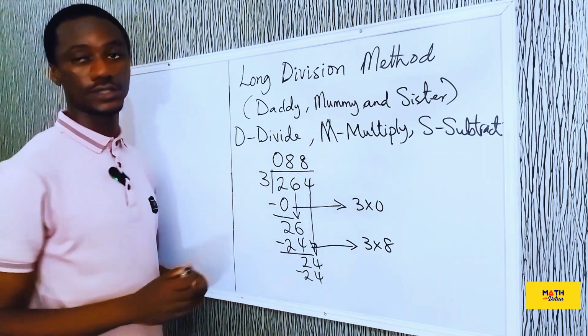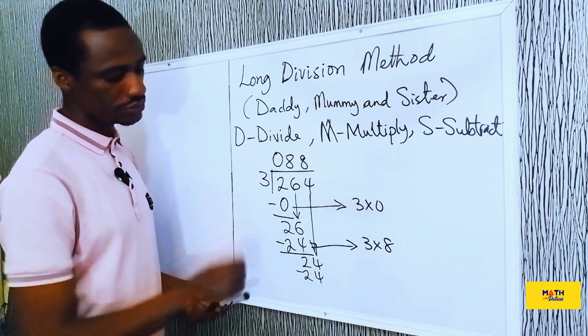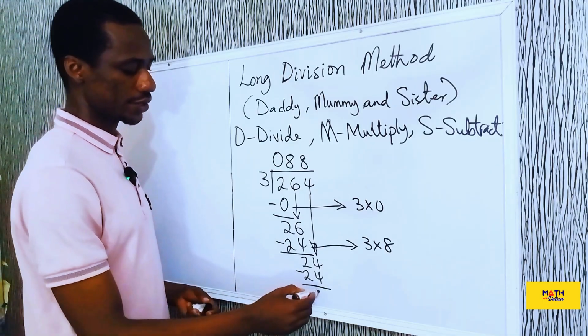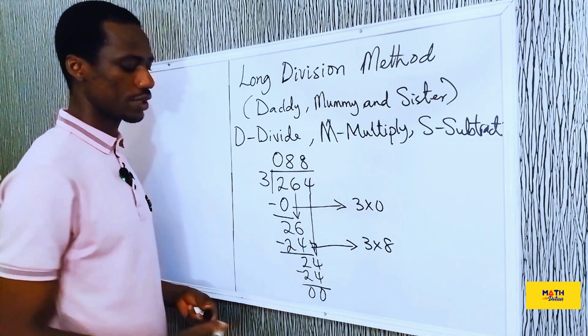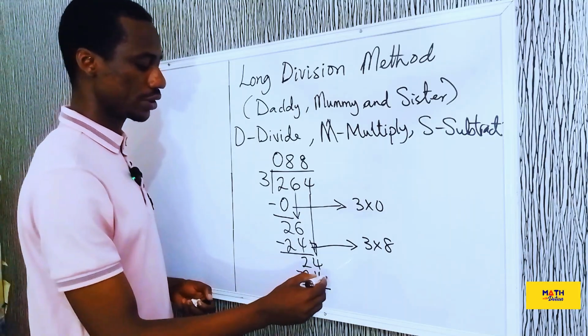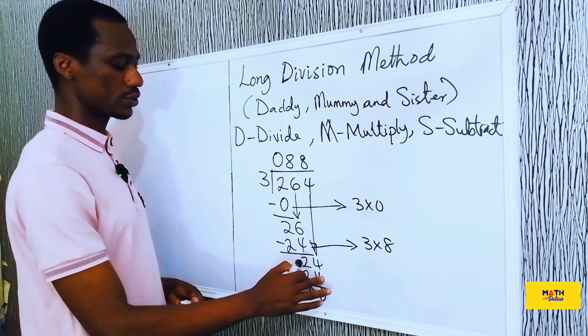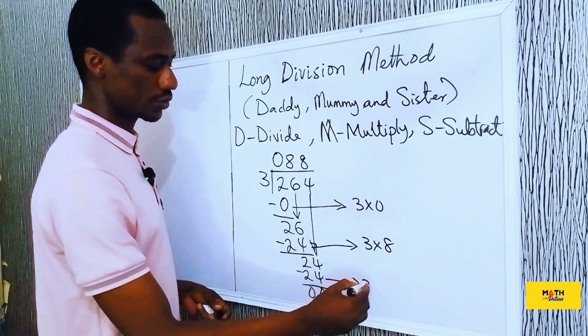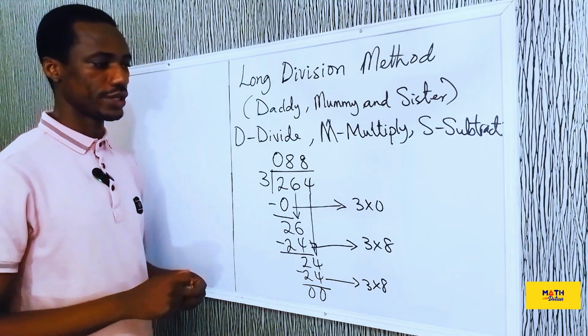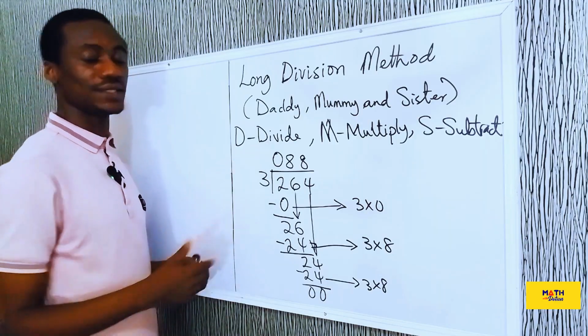And then move to Sister. 24 minus 24 is 0. 4 minus 4 is 0, and 2 minus 2 is 0. At this point, we know we do not have a remainder. So what we did there was 3 times 8, and then we subtract. Daddy, Mommy, Sister. So our final answer is 88.